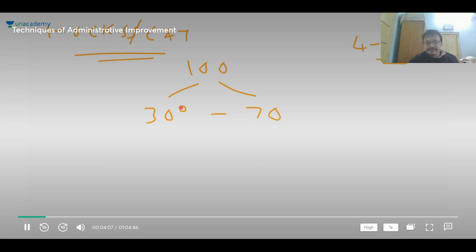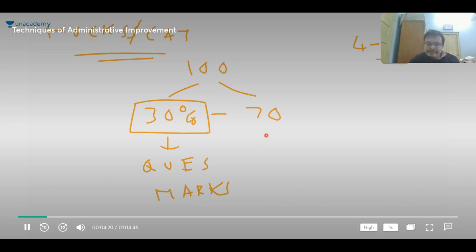It is only 30% of the passage that is important as far as the questions or the marks are concerned, which means in almost every passage, 70% of the passage is redundant as far as the questions or marks is concerned.